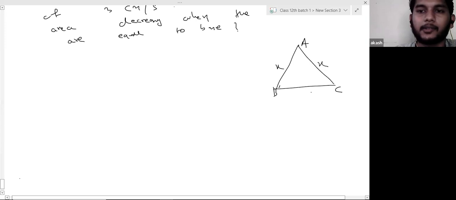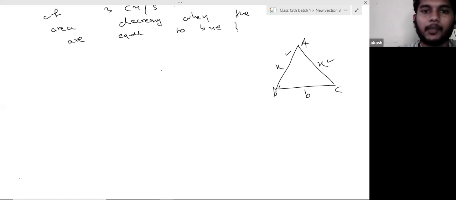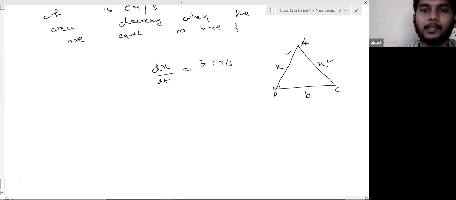The base is fixed, so let's assume this is small b. This is not changing. And this equal side is decreasing at the rate of 3 centimeter per second. So dx by dt is 3 centimeter per second, in fact, minus 3 centimeter per second. This thing is clear, everyone?